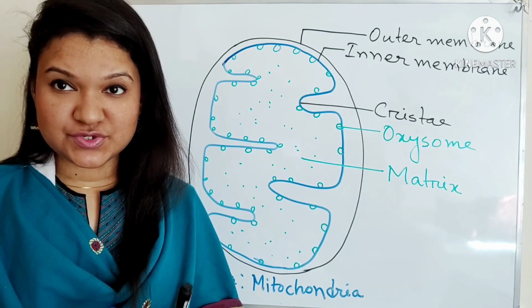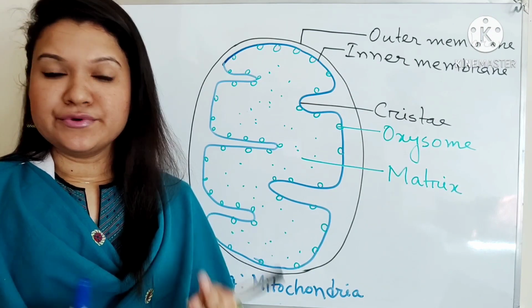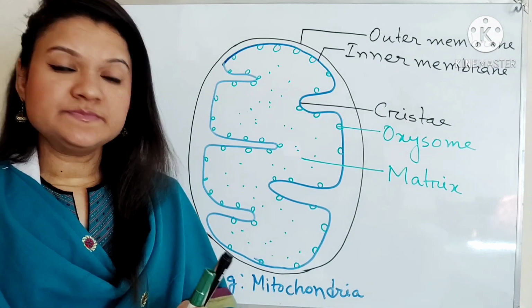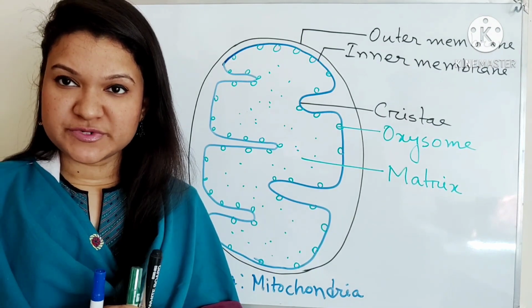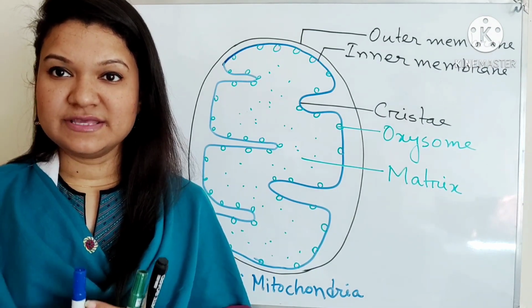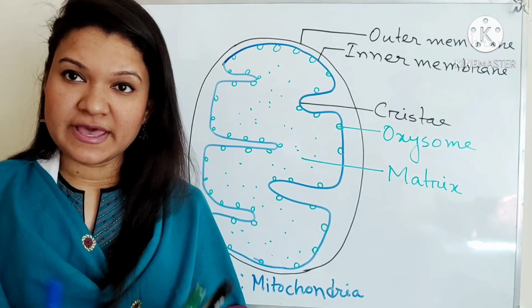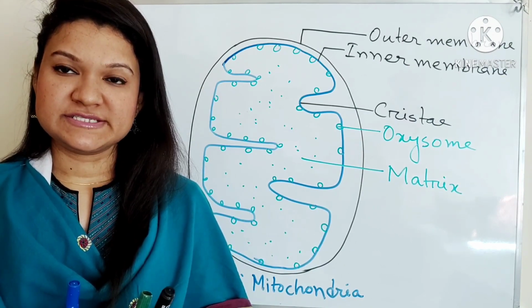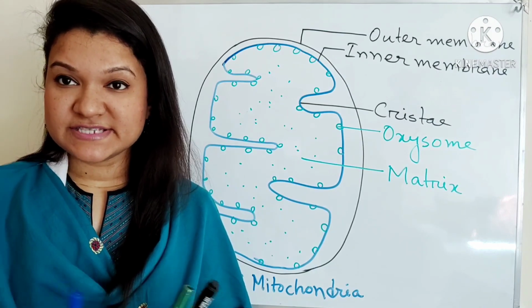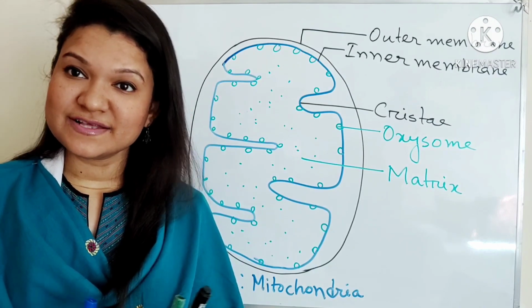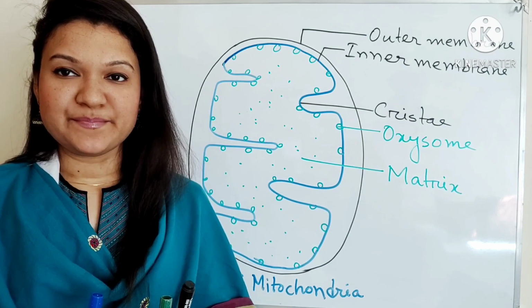How does it actually happen? We know that cellular respiration takes place in the organism, and this cellular respiration has 4 stages: glycolysis, acetyl-CoA, Krebs cycle and electron transport system.